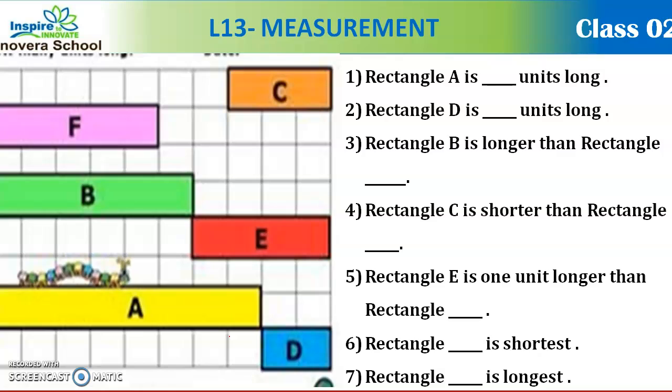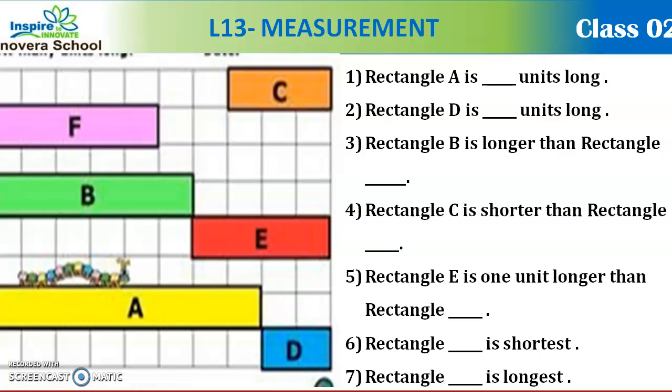We are going to count those blocks, write them in the fill in the blanks, and solve the questions. Number one, rectangle A is dash units long. We have to see the distance of rectangle A.